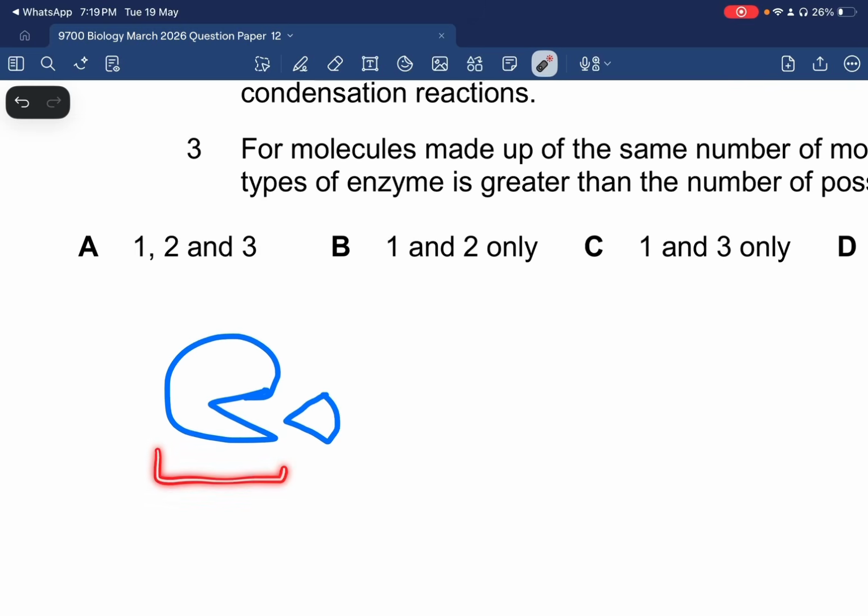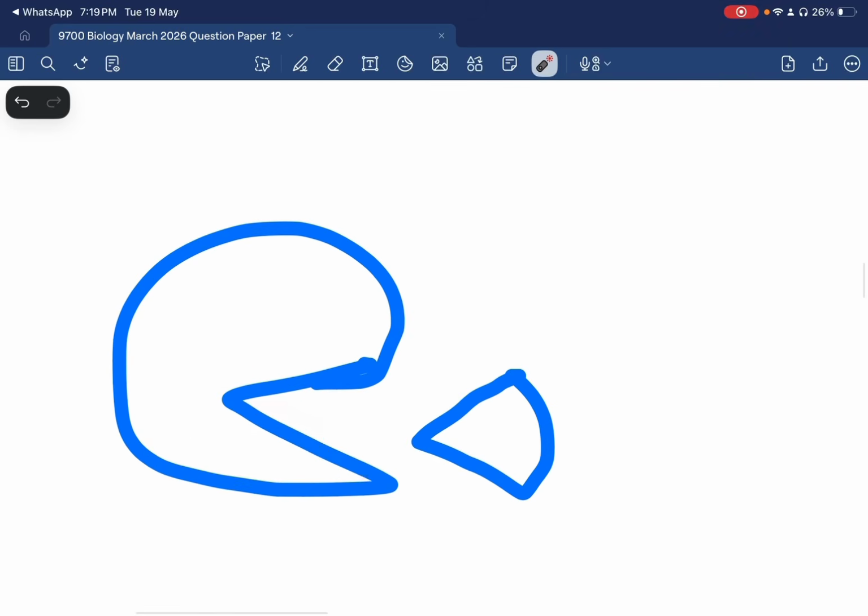All enzymes are proteins, meaning that this entire thing is a protein molecule. And protein molecules are made up of amino acids. So this is an amino acid, this is an amino acid, all of these are amino acids. I want you to look at the amino acids that are present on the outer surface of the active site. So, this is the active site. This is the inner surface, and this is the outer surface of the active site.